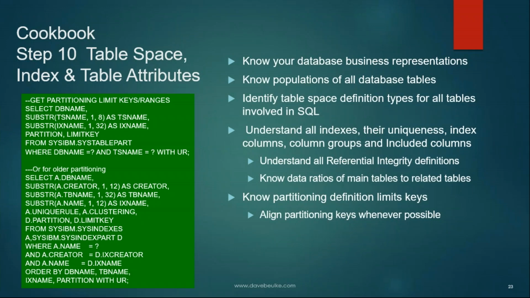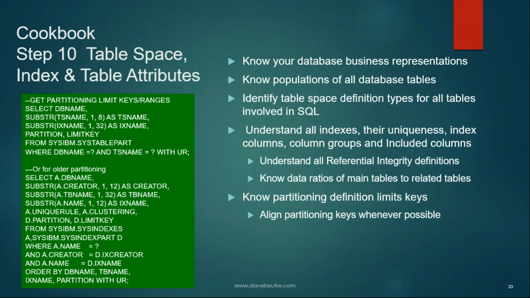The other aspect is to know your database and know the partitioning limit key ranges. Here are two z/OS catalog SQL queries that you can use to get the limit ranges on the limit keys that you have within your environment.